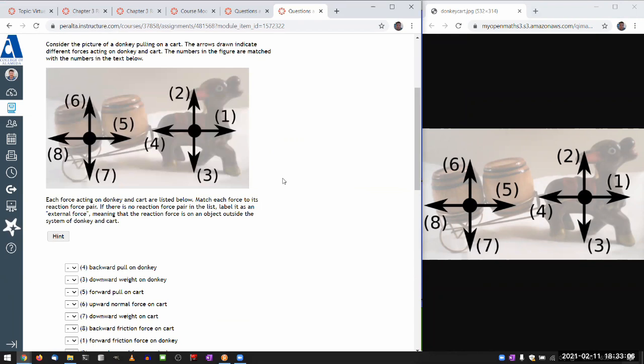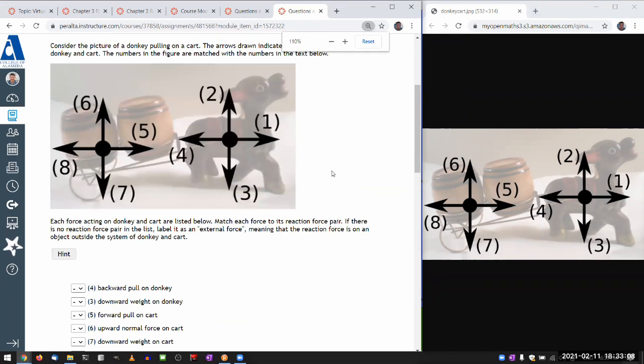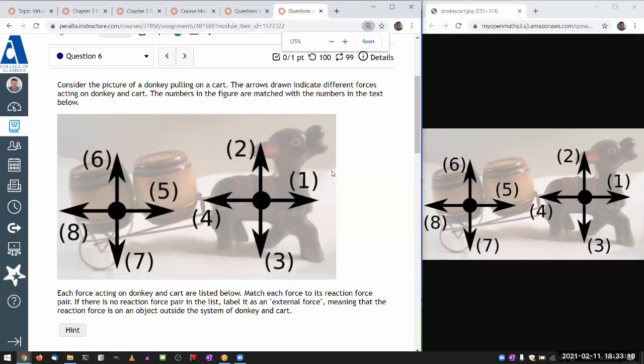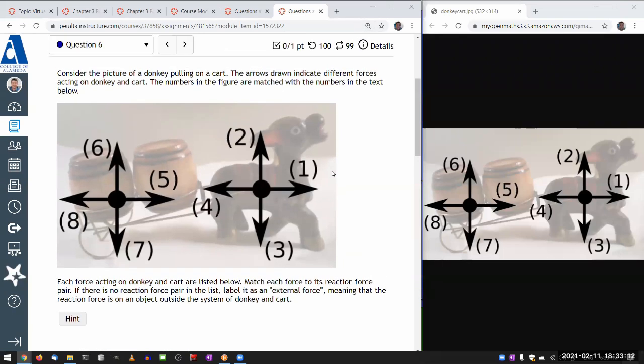I don't think I have ever done this question before in a recorded session. So this is the question. It says, consider the picture of a donkey pulling on a cart. So donkey, cart, the arrows drawn indicate different forces acting on the donkey and the cart. And the numbers in the figure are matched up with the numbers in the text below.